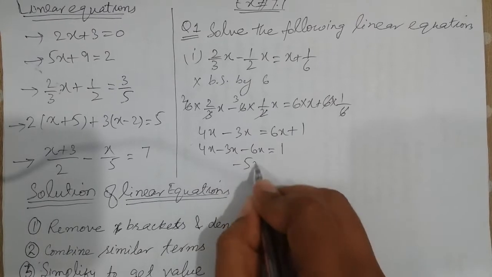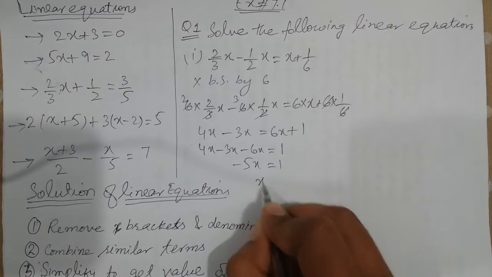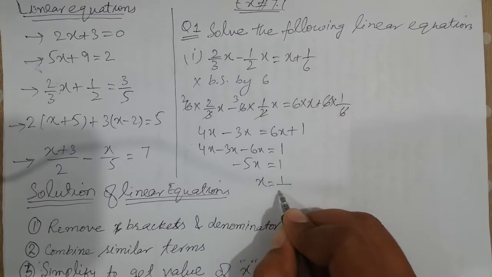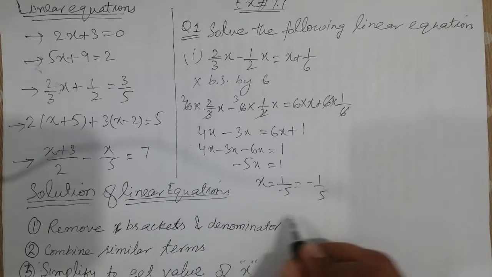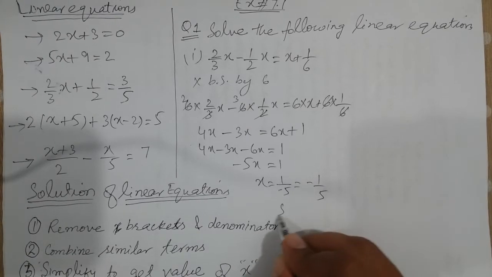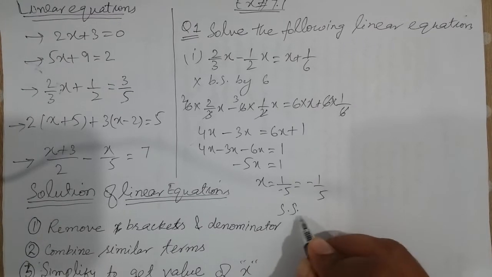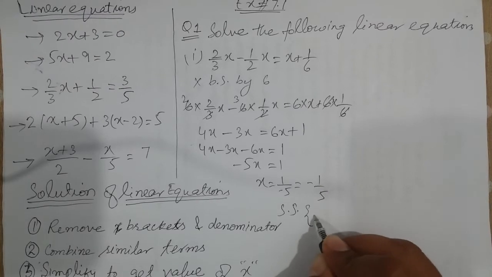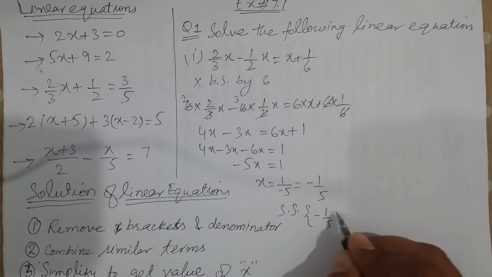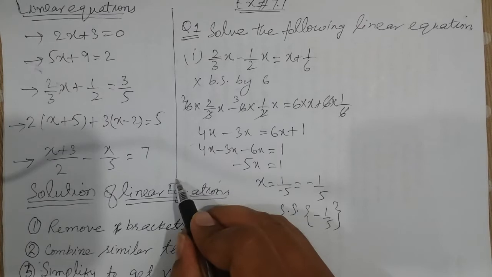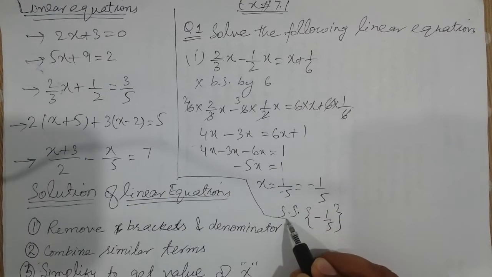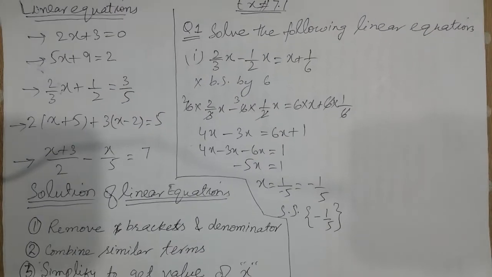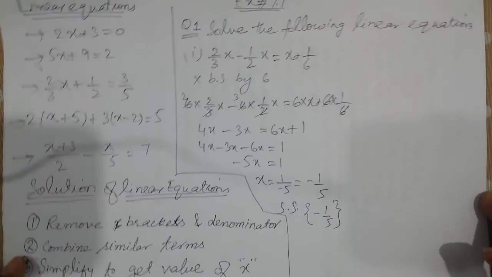So it will be minus 5x is equal to 1, x is equal to 1 over minus 5, which will be written as minus 1 over 5. So the solution set of this question will be minus 1 over 5. In this way we can find the solution of an equation.